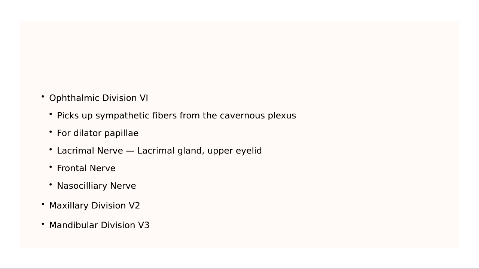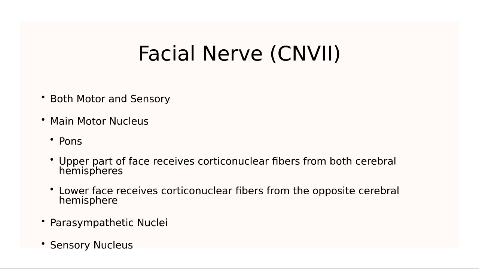The lacrimal nerve innervates the lacrimal gland and the upper eyelid. The frontal nerve and the nasociliary nerves are also branches of the first division. The maxillary division supplies the maxilla and the mandible, which we're not interested in that much in ophthalmology.